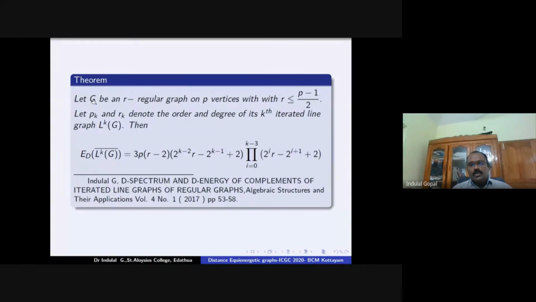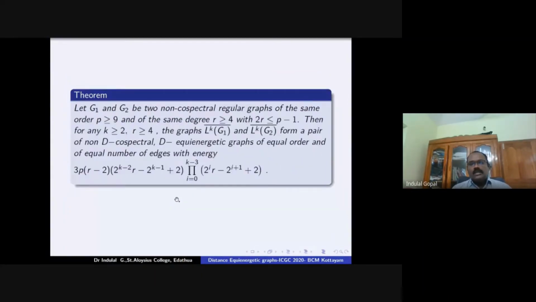So considering two non-cospectral graphs with the same regularity and number of vertices, we can have equi-energetic, non-cospectral, regular graphs from the family of the complements of iterated line graphs.